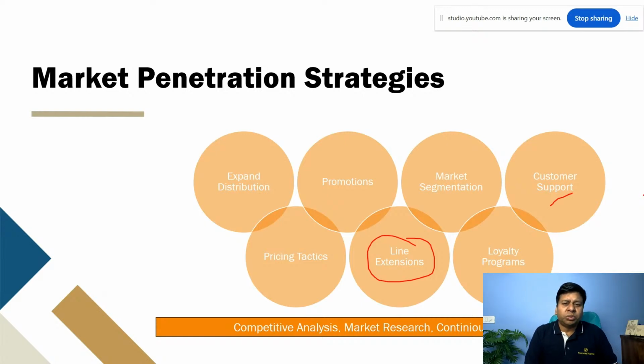What new application will be required? What change is required? So that is called line extension. For the similar product, a different variant. And again, market segmentation. So try to jump into another market.